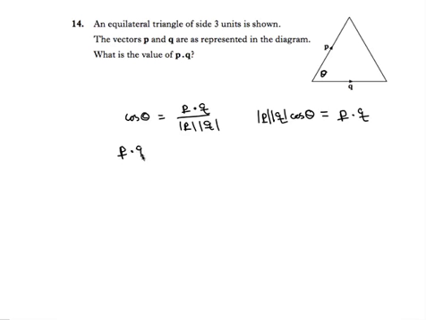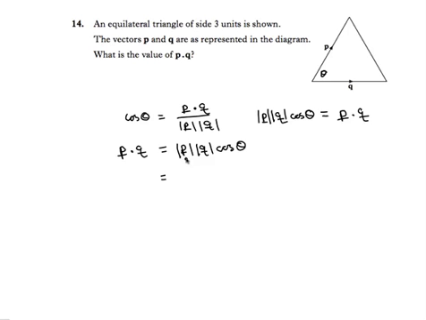P dot Q, the dot product of these two vectors, we can find by taking the magnitude of vector P, times the magnitude of vector Q, times the cosine of the angle between them.